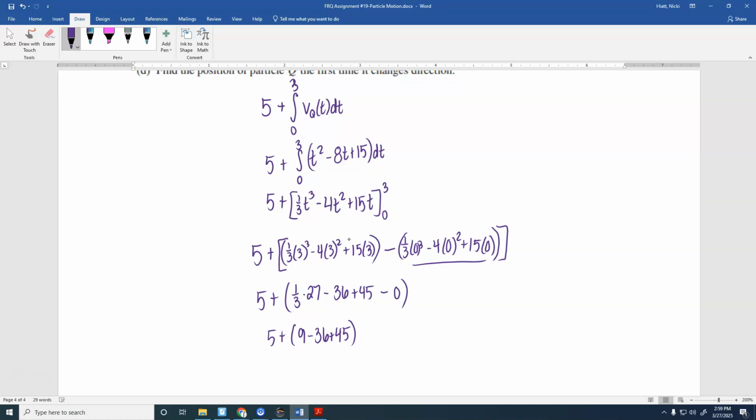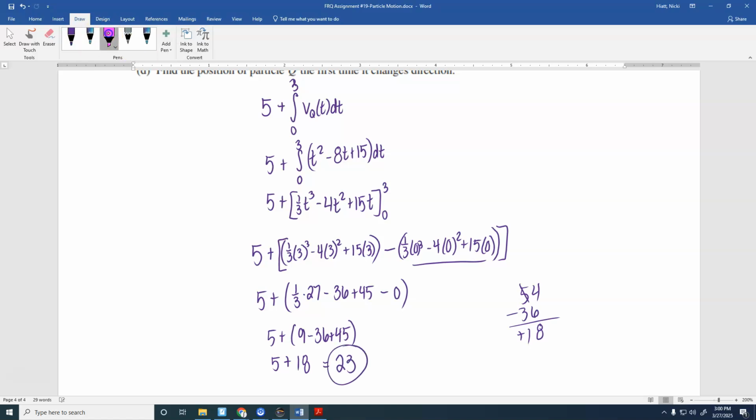And we get, let's see, 9 minus 36 is negative 27, plus 45, that's 18. It is positive, sorry, it's positive. So 5 plus 18 is going to give us 23.